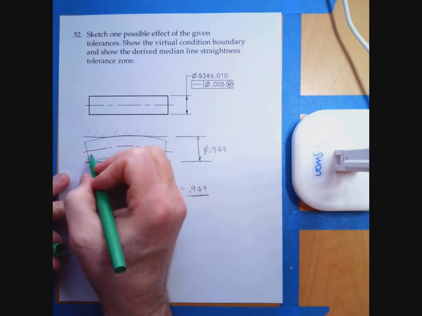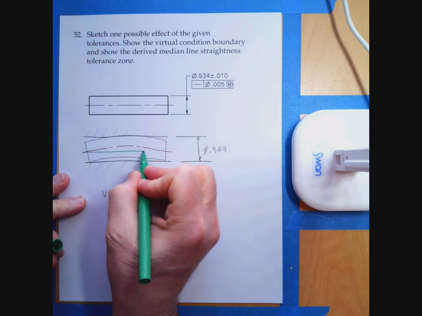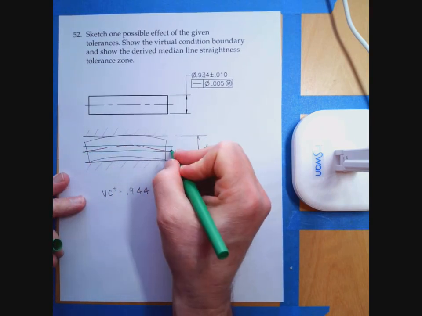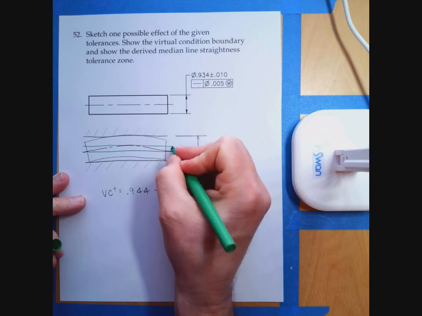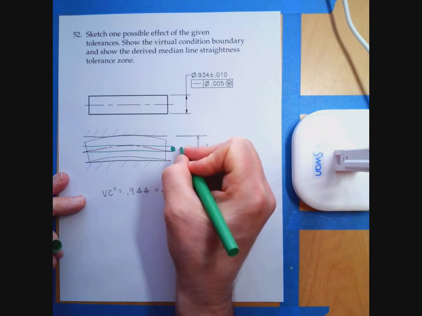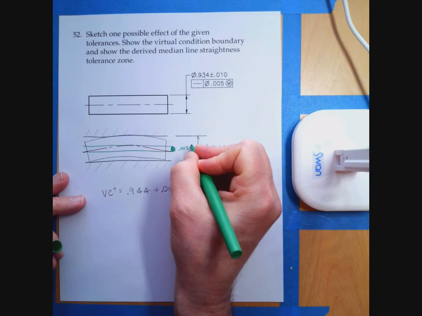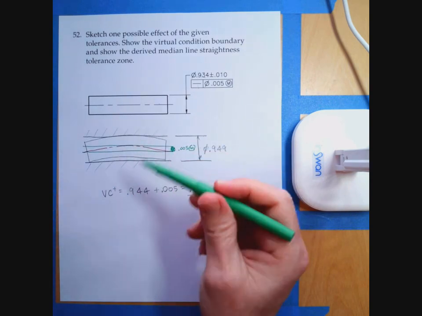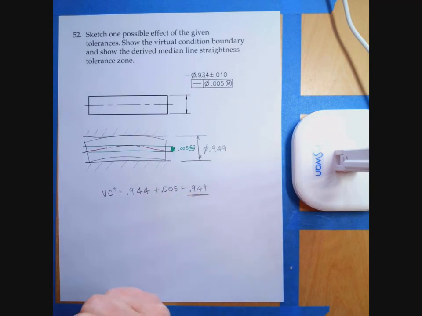And then my derived median line straightness is going to be 0.005 at MMC. So that basically shows how much it could bend at MMC.